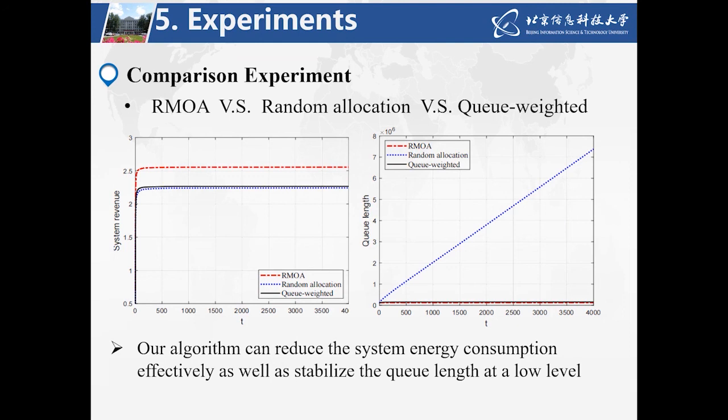The left picture shows the system revenue with the 3 different algorithms, and the right picture shows the queue backlog with the 3 different algorithms. We can see that our algorithm can increase the system revenue effectively, as well as stabilize the queue backlog at a low level.